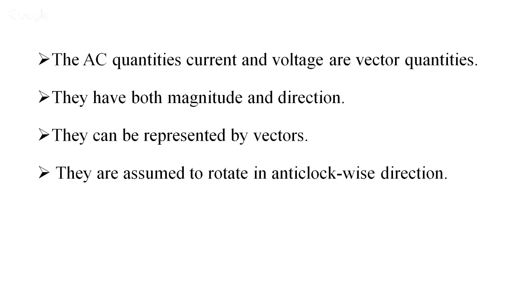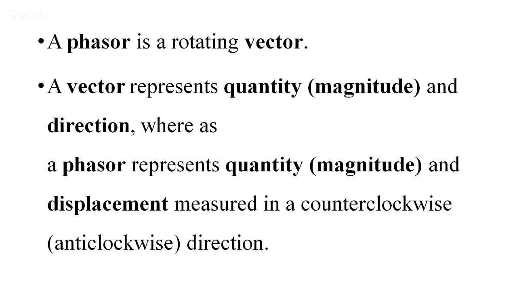So AC quantities, that is the current and the voltage, are vector quantities. They have both magnitude and direction, and hence they can be represented as vectors, and most of the time they are assumed to be rotating in anti-clockwise direction. Now a phasor is a rotating vector.